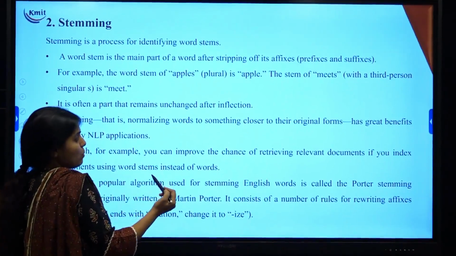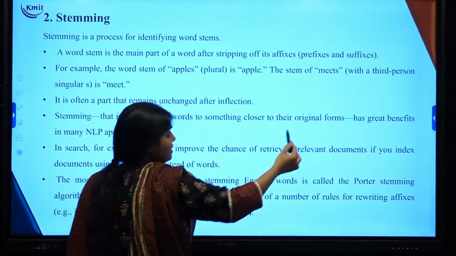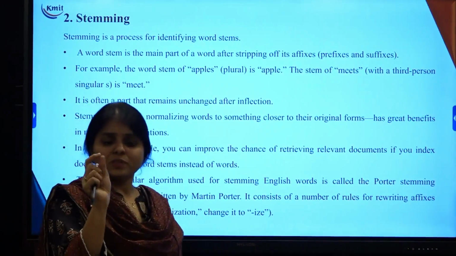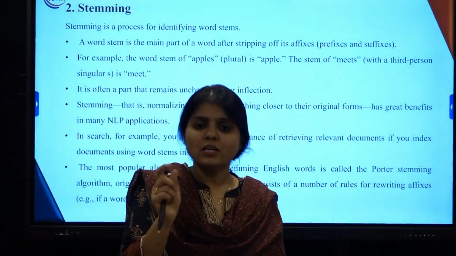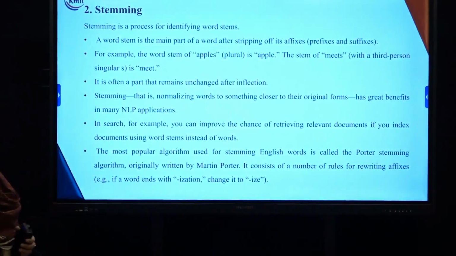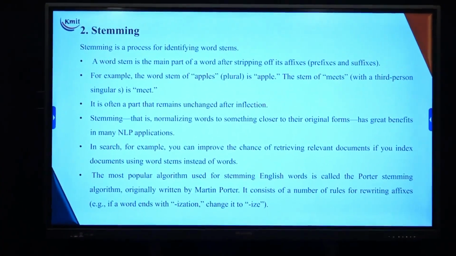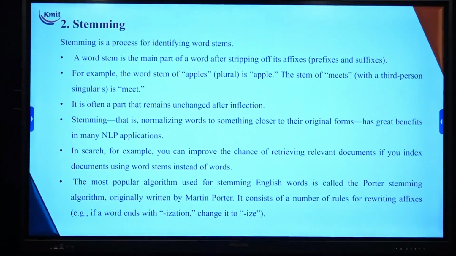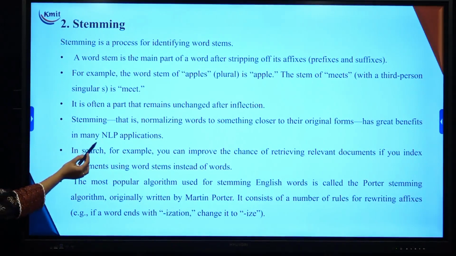When I talk about the word "meats", "meat" is the word stem, removing the suffix. The word that we get by removing the suffix is called the stem word. It is often the part that remains unchanged after inflection. So basically stemming is all about normalizing words to something closer to their original form.